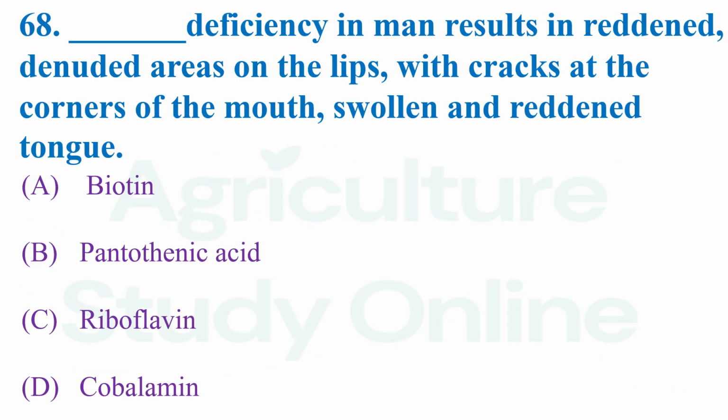Question number 68. Dash deficiency in man results in reddened and denuded areas on the lips with cracks at the corners of the mouth, and swollen and reddened tongue. The first one, biotin, causes dermatitis, hair loss and neurological symptoms.